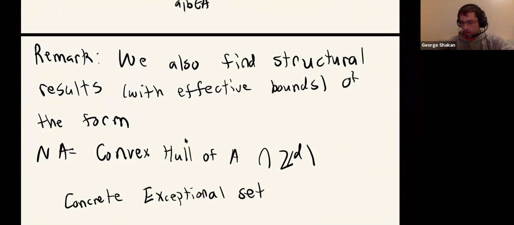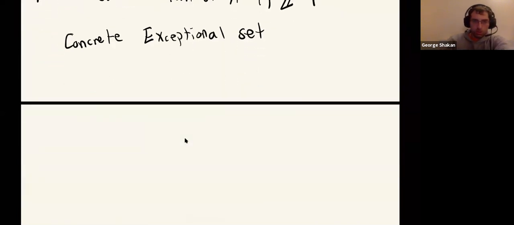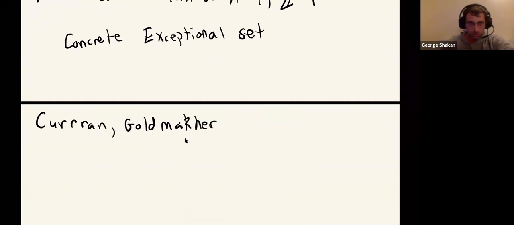Good. So I definitely should mention this work. So there's a recent paper, and the first author is a new student at Oxford.